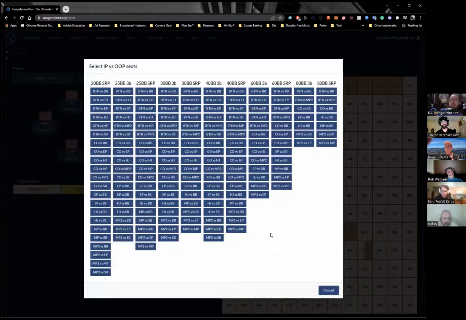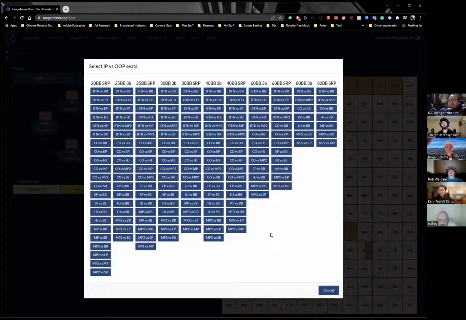Beyond that, the additional phases we're adding are doing ICM. So we will do shorter and medium stacked solves with ICM calculated in.